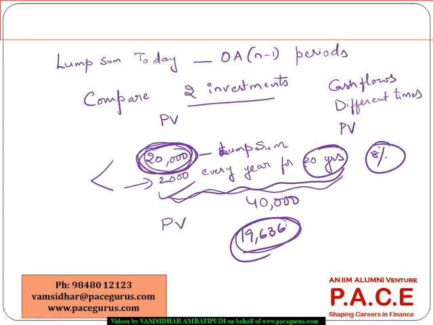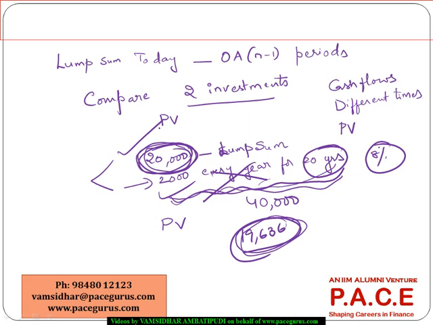Which means though I am getting 40,000 in total, the value of it as of today is only 19,636, which means it's not worth going for this option. Better you should choose this option. That's where the common problem comes with almost all investment decisions.